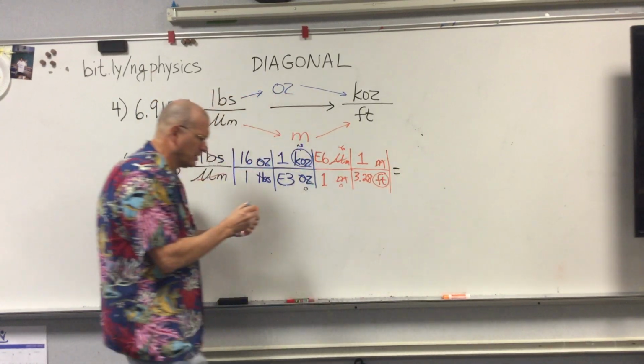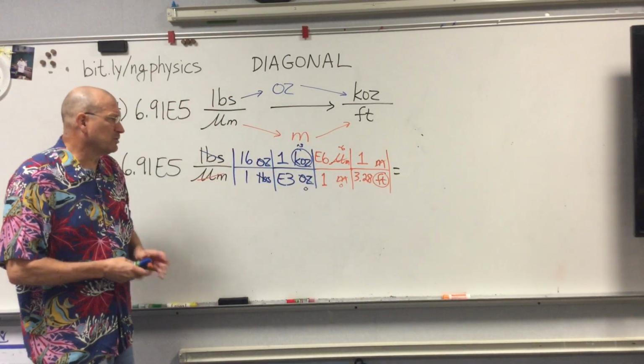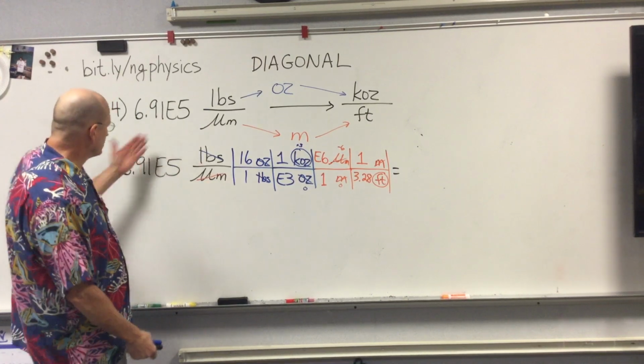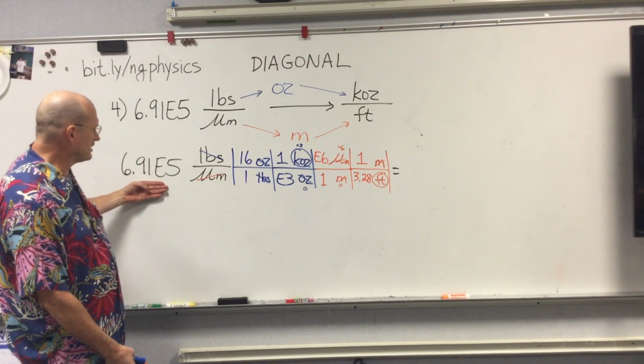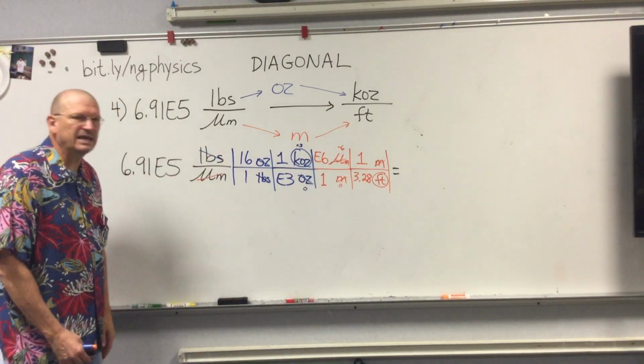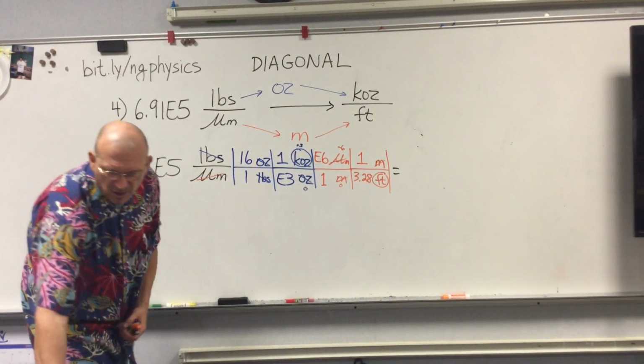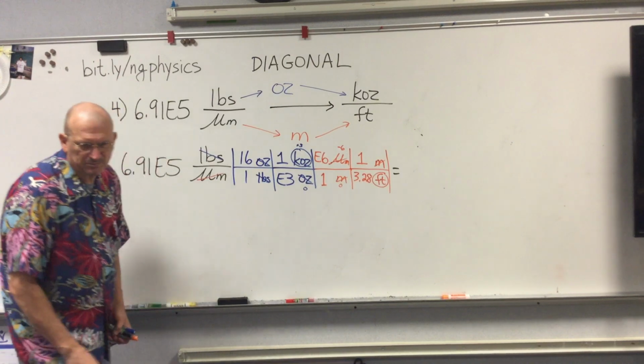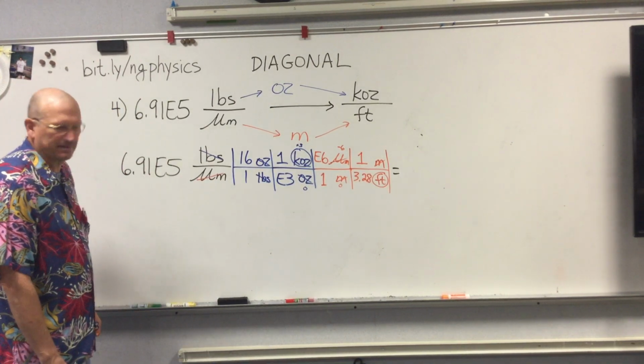So at this point, we have this problem set up, and now you could start with this number on your calculator, and you could calculate through and get your answer. And the answer is on your worksheet, so you can see if you get that one right.